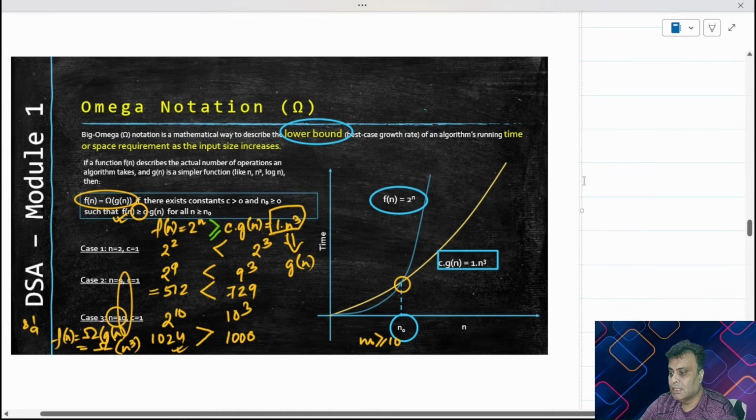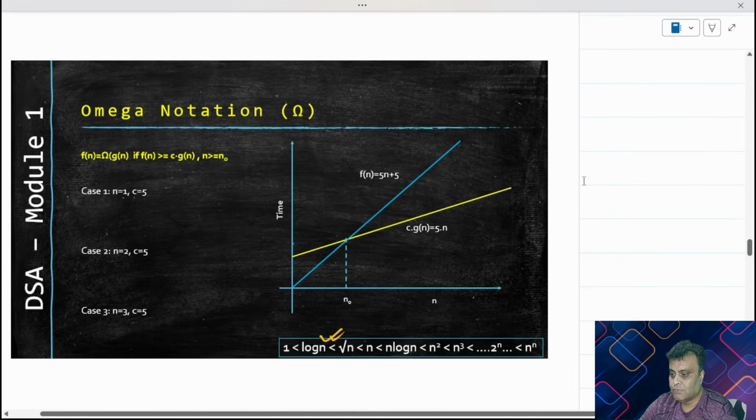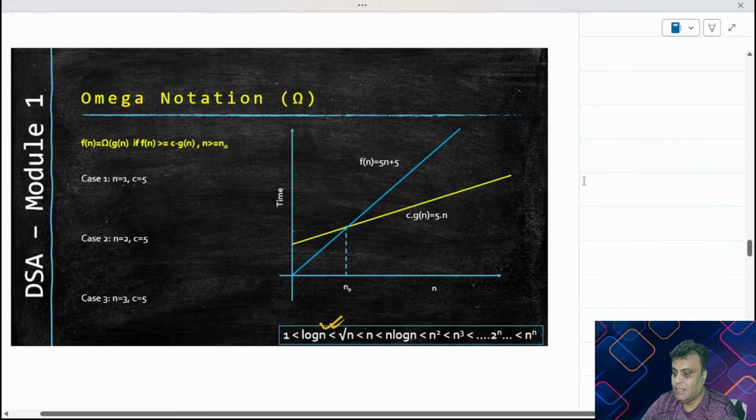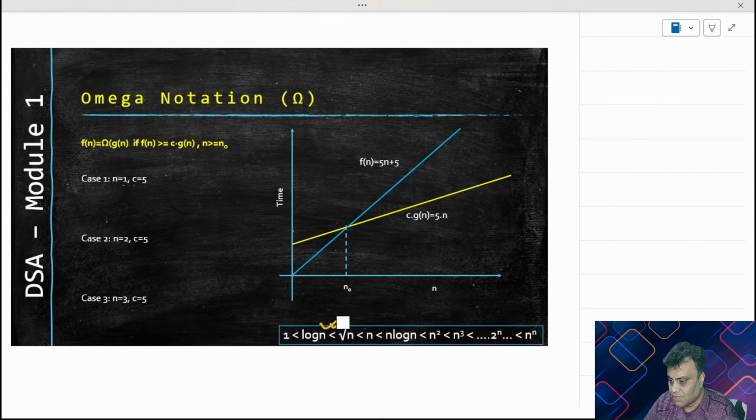Now next, let's try to get into a deep dive of omega. What we'll try to do is align this number line, if I so call it, in terms of the ascending order of time complexities, to prove that, just like we proved for big O, that if we find the upper bound, anything to the right of that upper bound in terms of the conventional time complexities also becomes an upper bound.